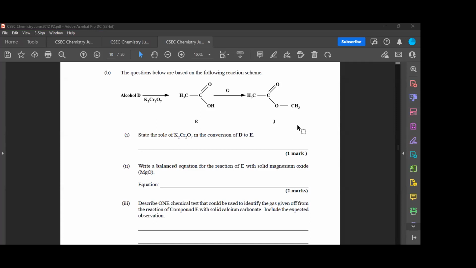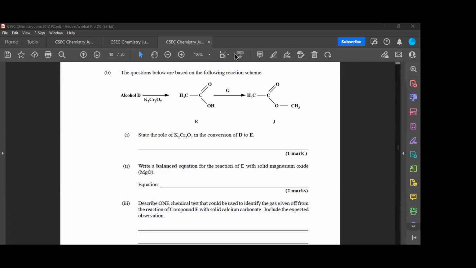Carbon dioxide is tested with lime water. And what is the test? Not a squeaky pop, no. Yes, we use lime water.